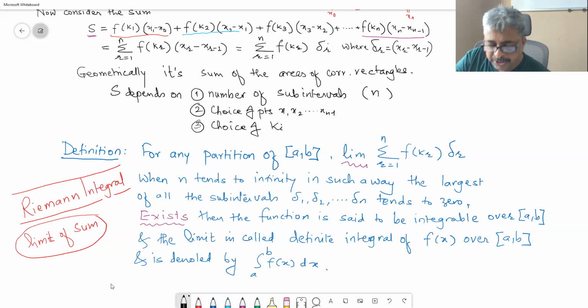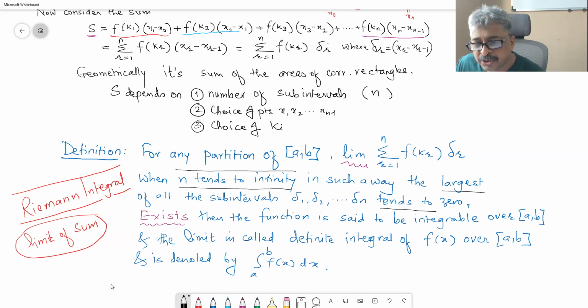That is what is captured here: n tends to infinity. We put two conditions then also. The number of pins should be infinitely large, and the distance between two pins should be arbitrarily small. That is, the largest subinterval tends to 0.